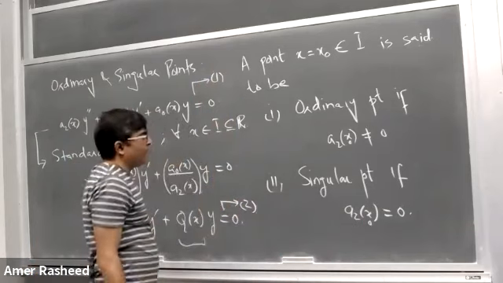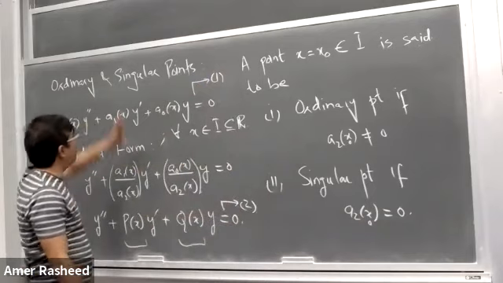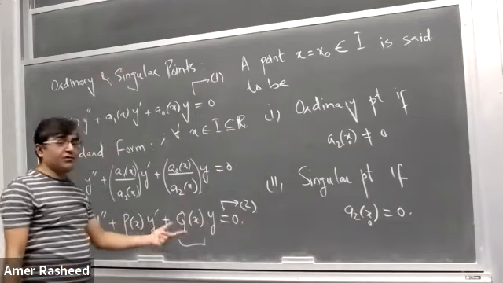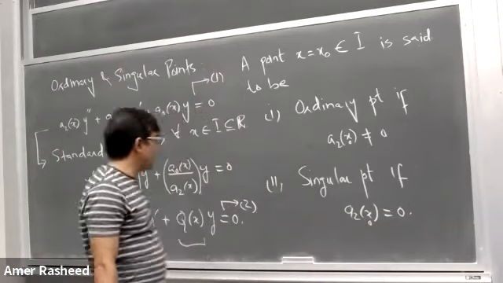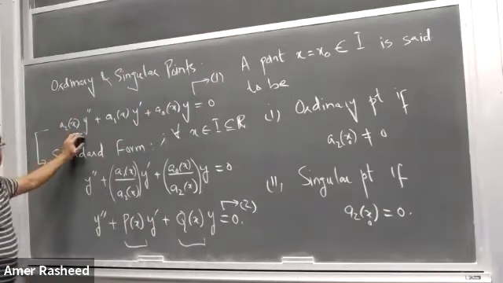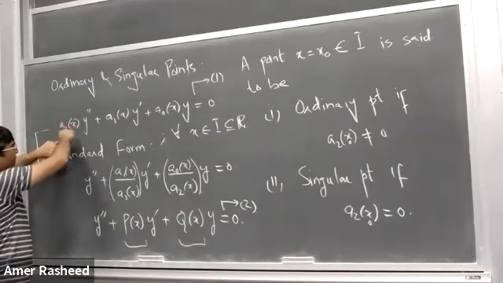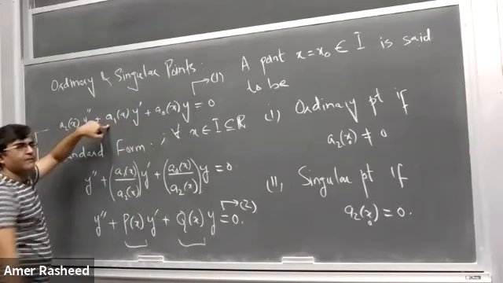In case of a singular point, the ordinary power series method cannot be applied, because at or around this point this differential equation is no more a second order differential equation, because this coefficient function is 0. This term will vanish and we are left only with a first order differential equation.